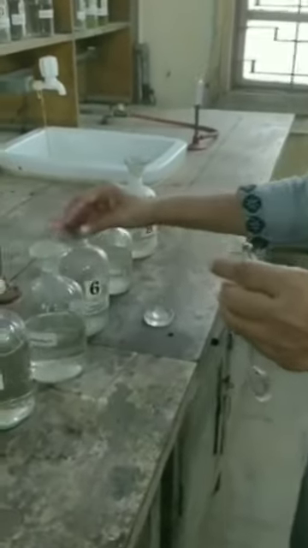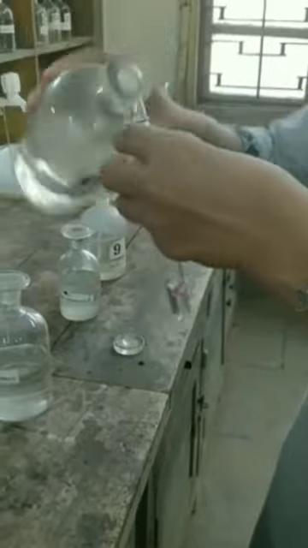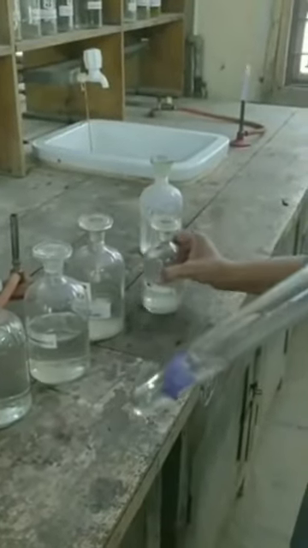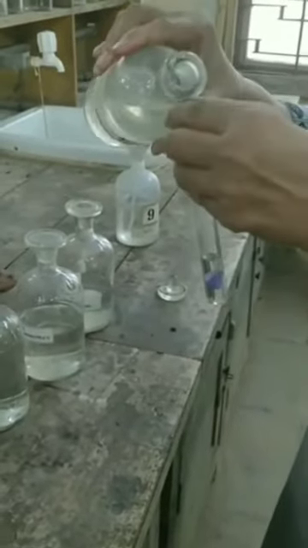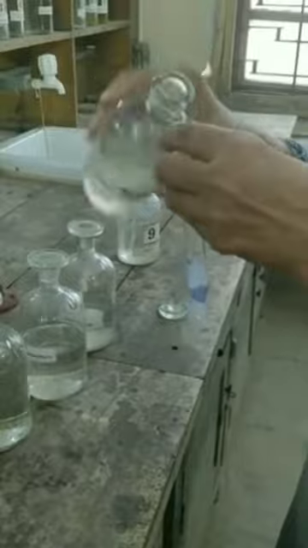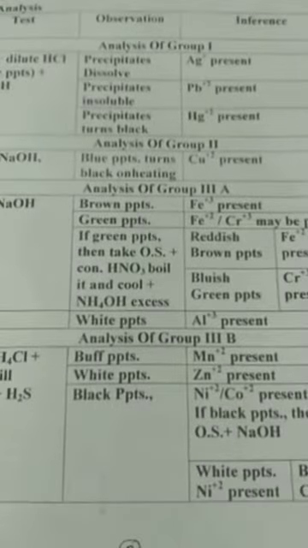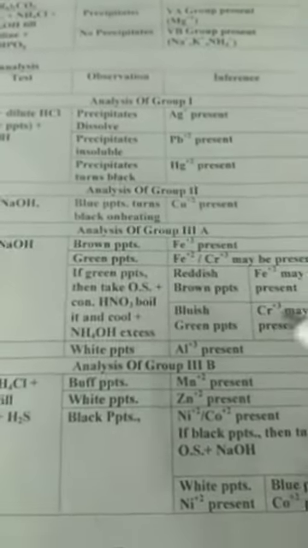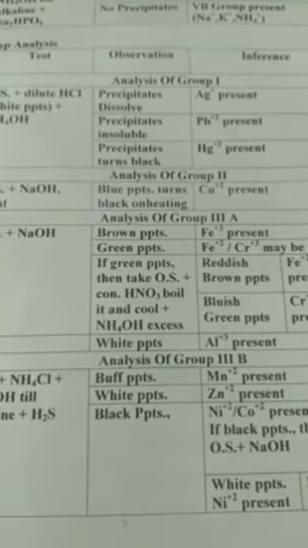Then ammonium hydroxide till the red litmus paper turns blue. Then we will add H2S. So you can see white precipitates. So we will see the scheme. In the scheme it is written, if you get the white precipitates, that means zinc +2 ion may be present.